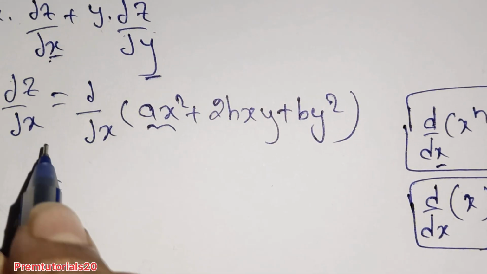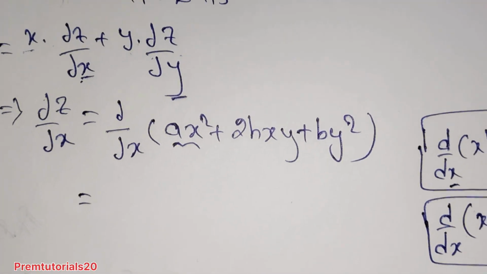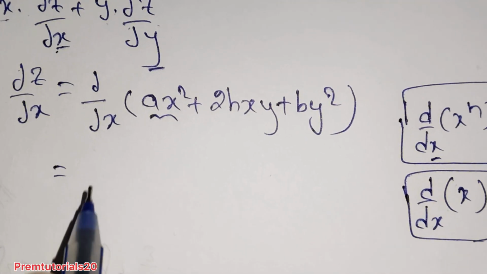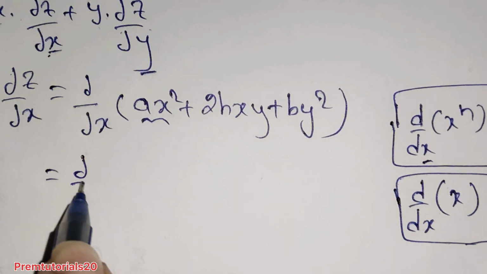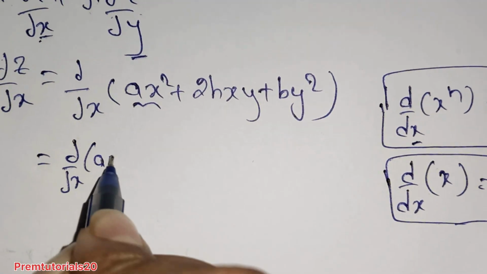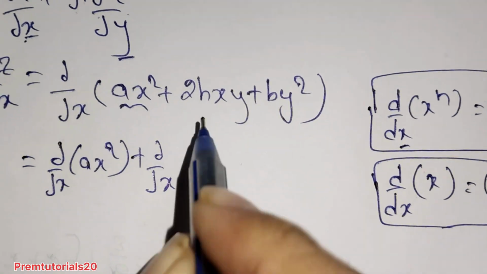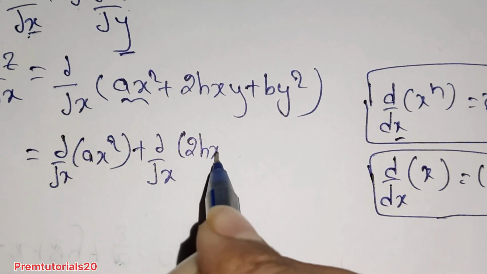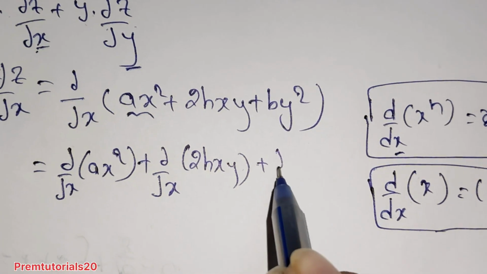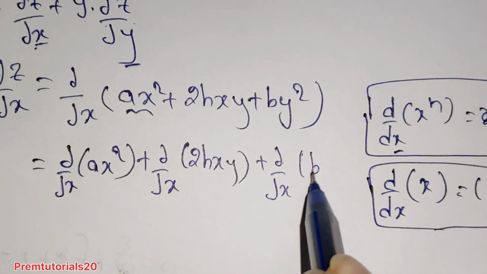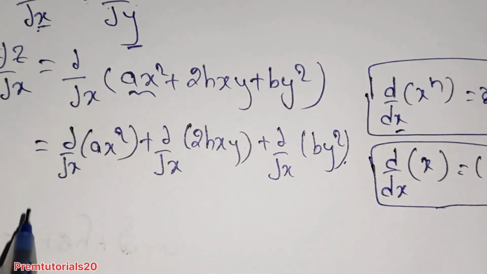Now it's time to use partial differentiation here. What we get: ∂/∂x of ax² plus ∂/∂x of 2hxy plus ∂/∂x of by².